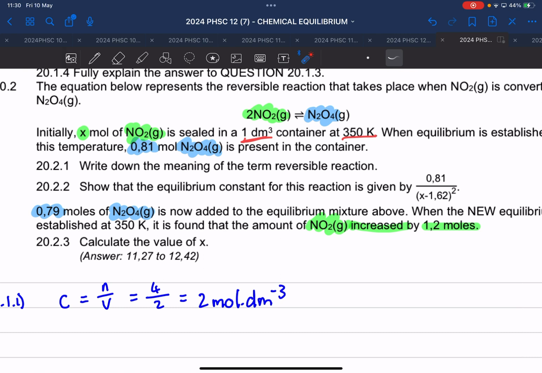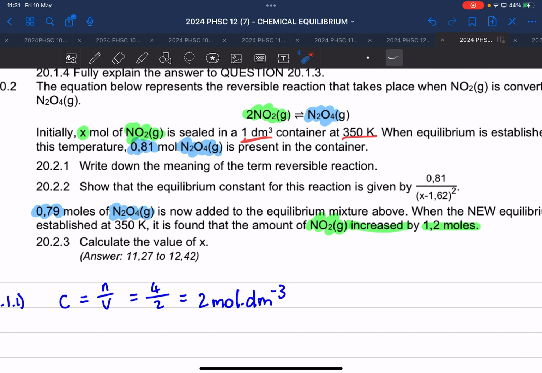Because we increase the concentration, the Kc is not affected at all. So we're going to equate the Kc of the old equilibrium with the Kc of the new equilibrium.